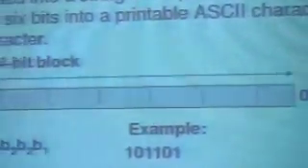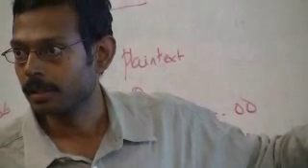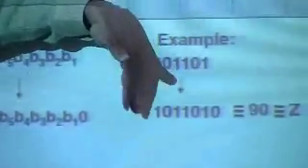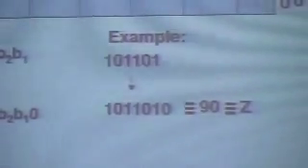So divide that into 6-bit segments like this. If you divide 66 bits into 6-bit segments, how many segments do you have? 11 segments, right? So each segment will have 6 bits. Something like this. So now what you do is you shift them to the left and add a 0. So you have something like 1 0 1 1 0 1. You shift them to the left and add a 0. So now you have 7 bits. For these 7 bits you find what they represent in ASCII, in decimal, and that's the corresponding ASCII character.